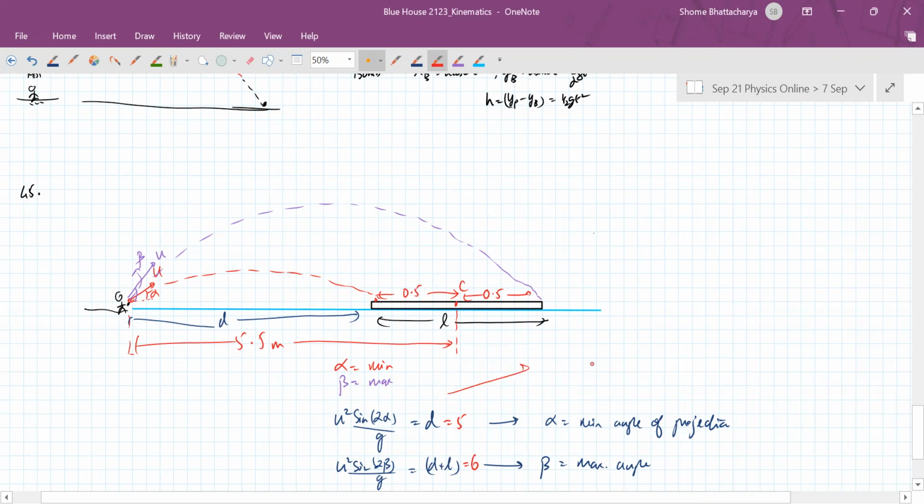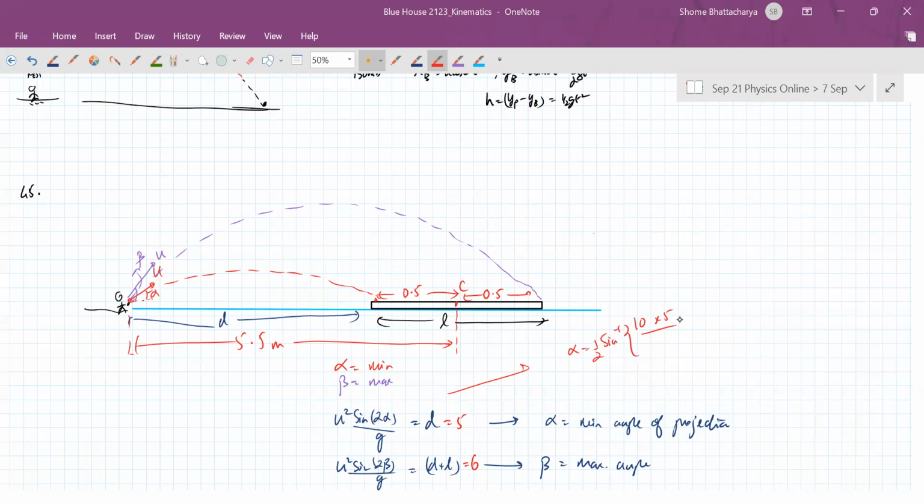So this equation would tell me that alpha is 1 by 2 sine inverse of 9.8 into 5 divided by u squared. It would be better if we take g as 10. So we get 10 into 5, divided by u squared.